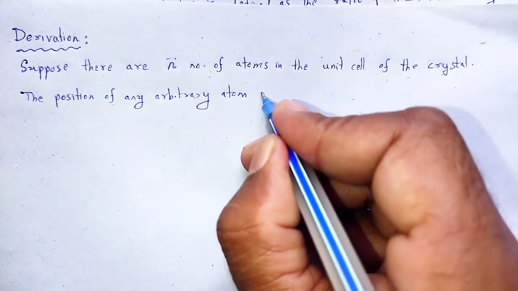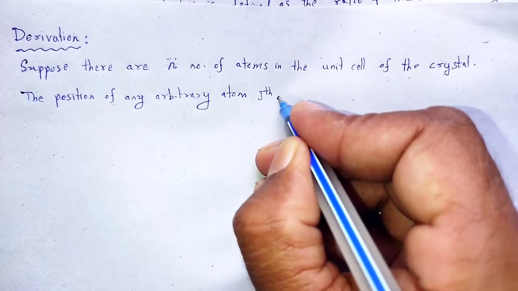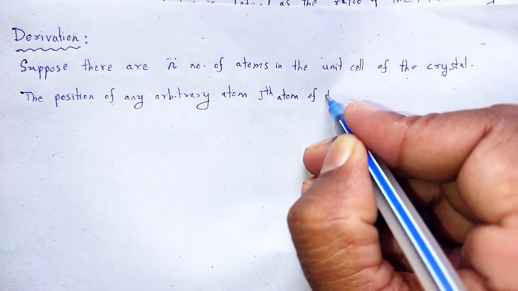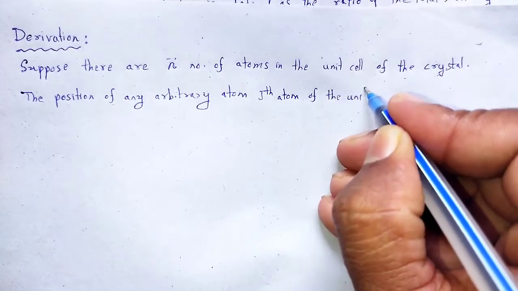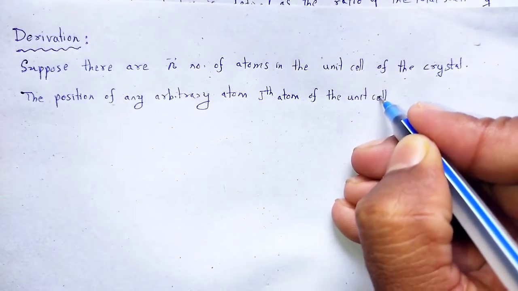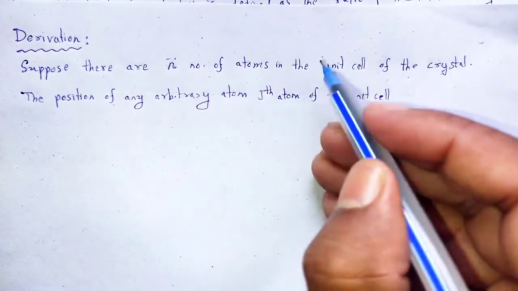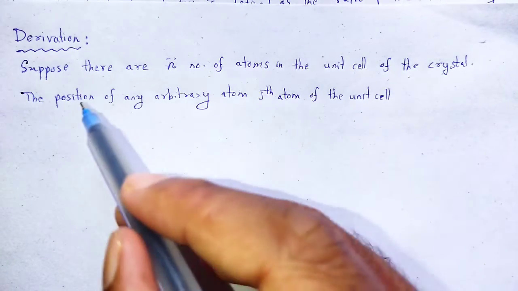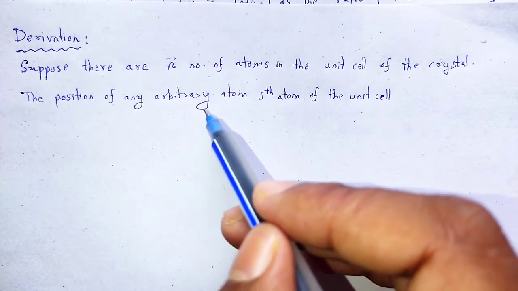Let that atom be the jth atom of the unit cell.